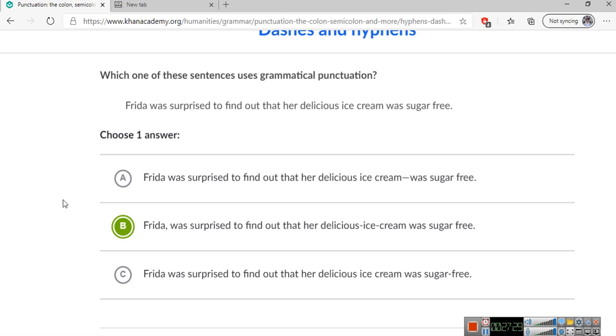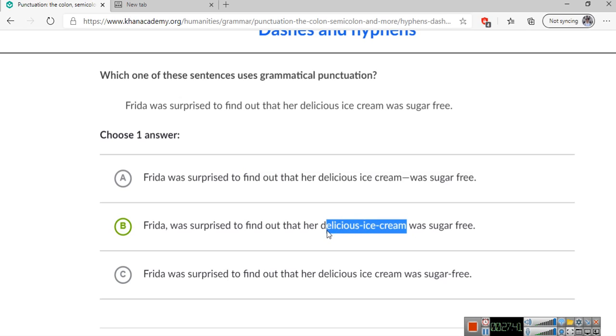Think about that a little bit better and come up with something. Do you need to combine delicious ice cream into one? Is it extremely necessary? I think it's most probably C.